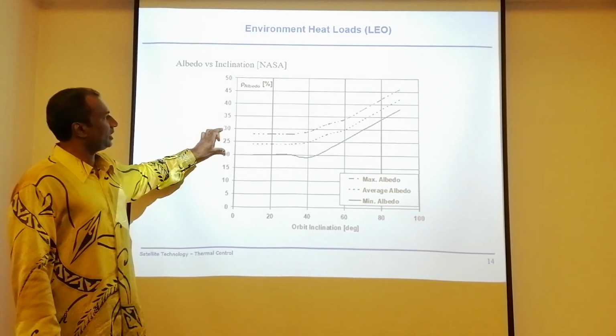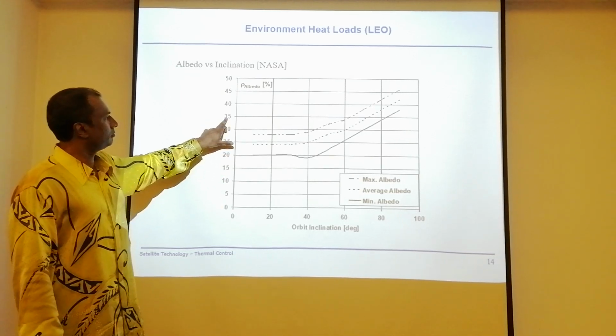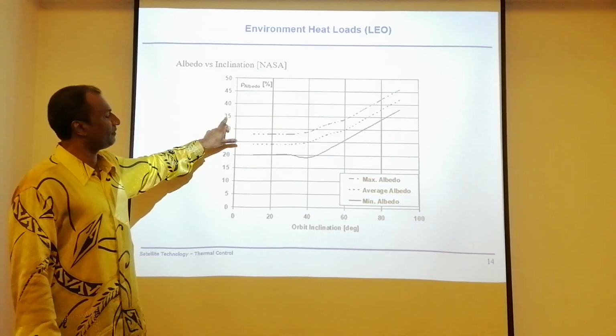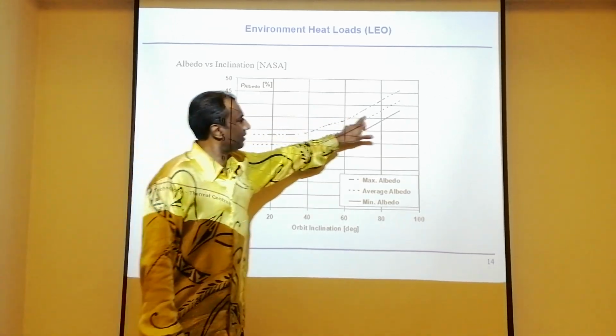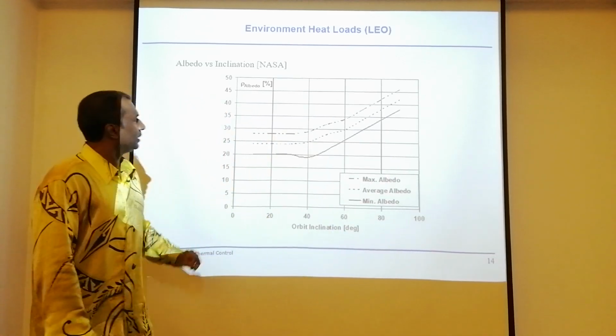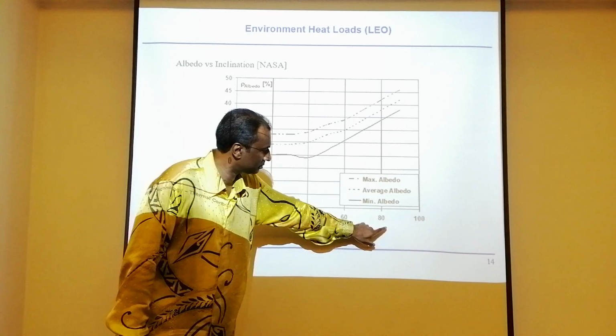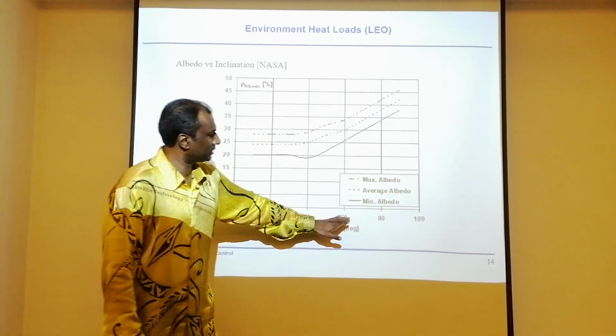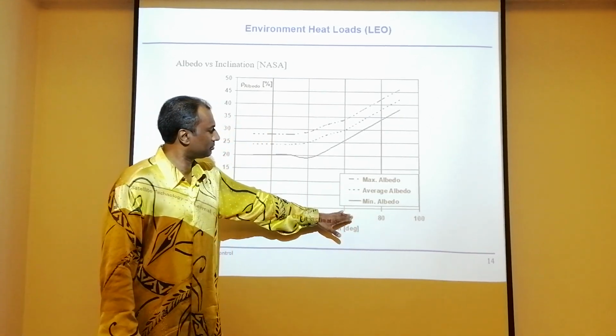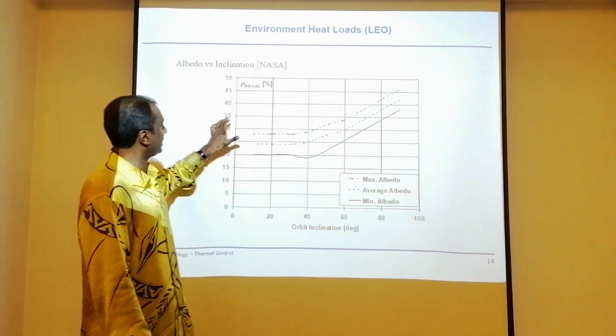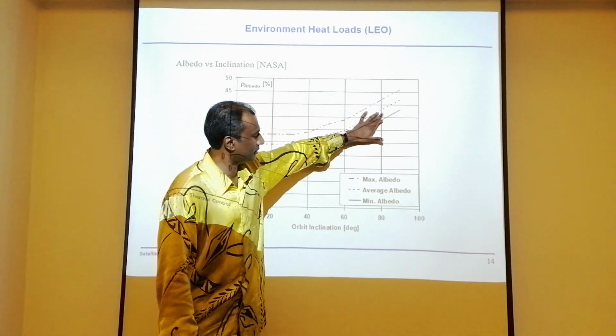As I said, we have accounted for about 30, we say 0.35. This is where we are, about the average of this. Now for orbit inclination, let's say for low Earth orbit, about 80 plus, that's where you hit around here.